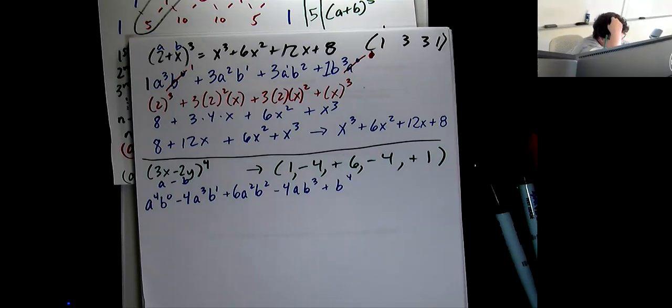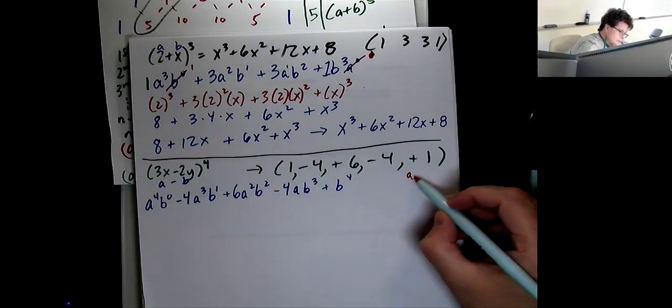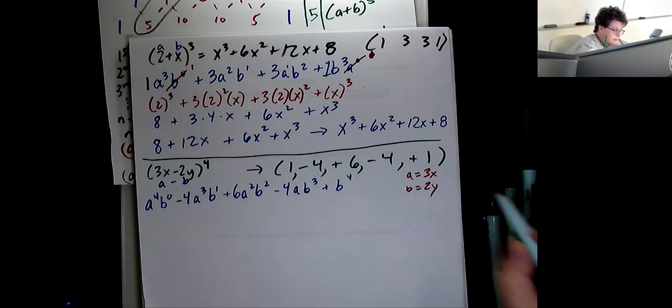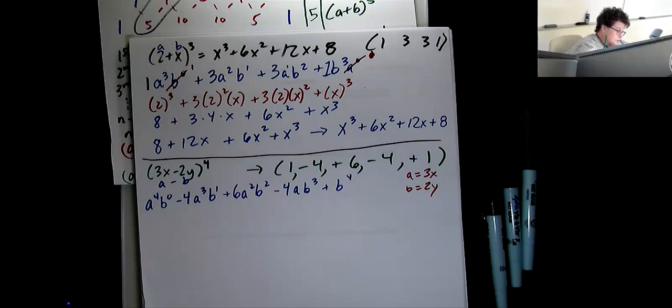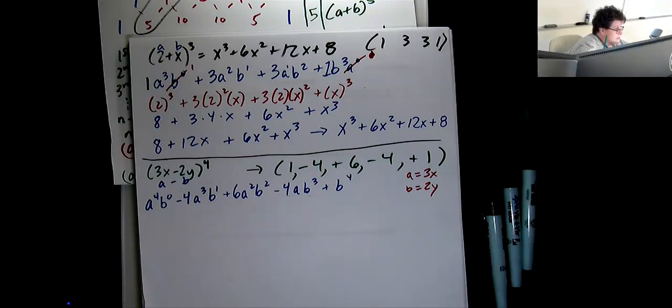That's without dealing with the 3x or negative 2y yet. Well, we dealt with the negative part. So in this setup, a equals 3x and b equals 2y, not negative 2y. We already dealt with the negative by changing the signs.